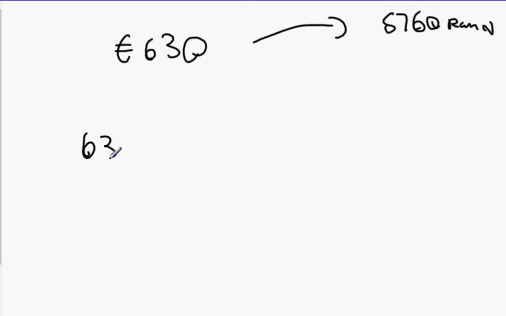630 is the same thing as 105%. 100% is the money you have to spend. You didn't get all your money, but this money here is the equivalent of 100%.